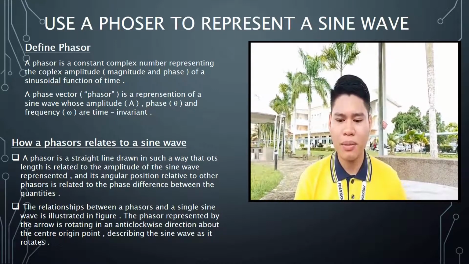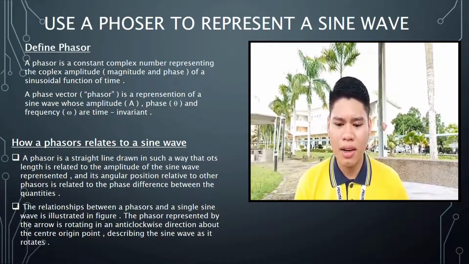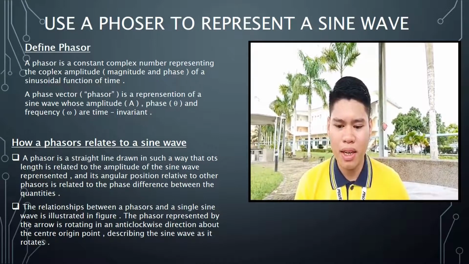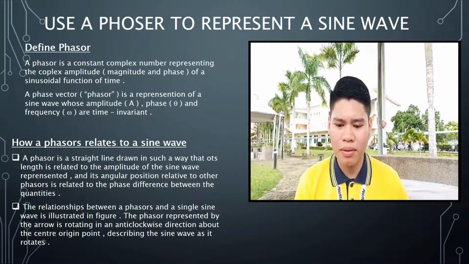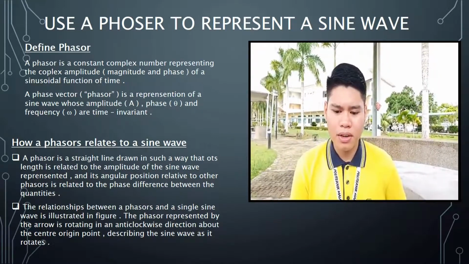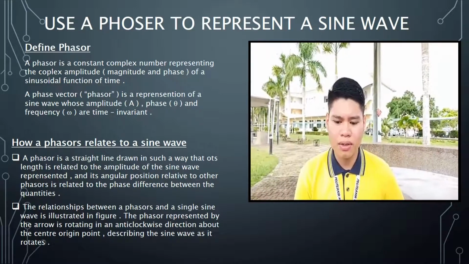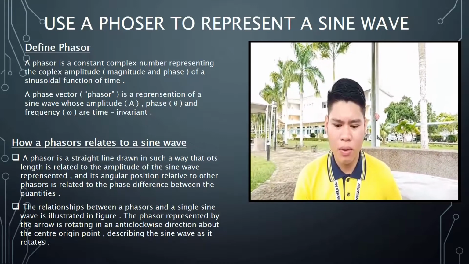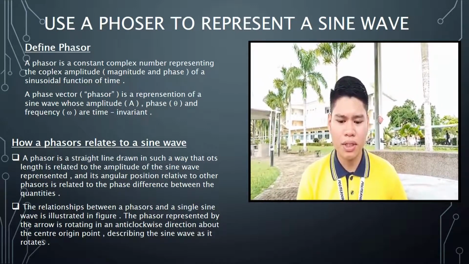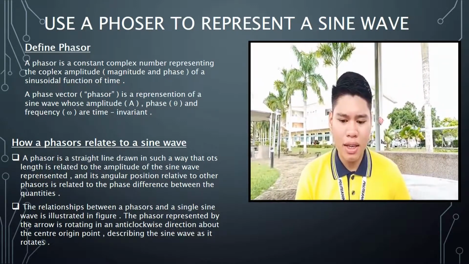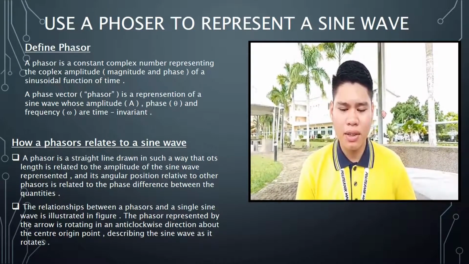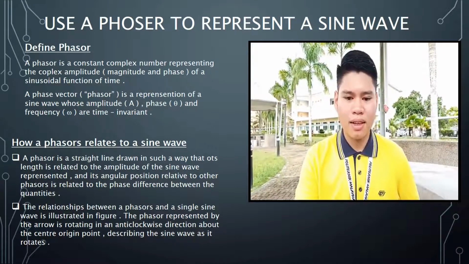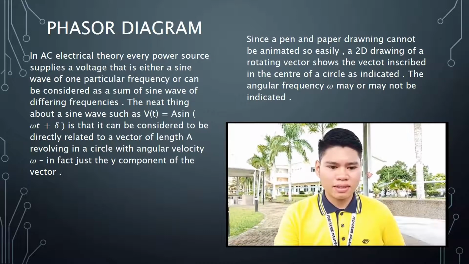Next, the phasor diagram. In AC electrical theory, every power source supplies a voltage that is either a sine wave of one particular frequency or can be considered as a sum of sine waves of differing frequencies.